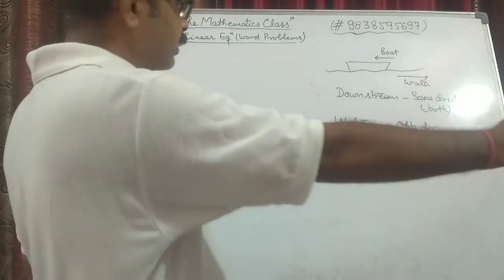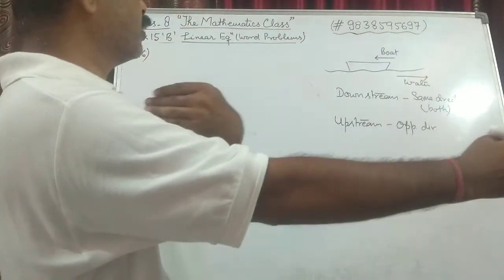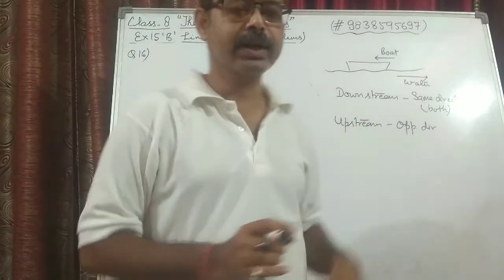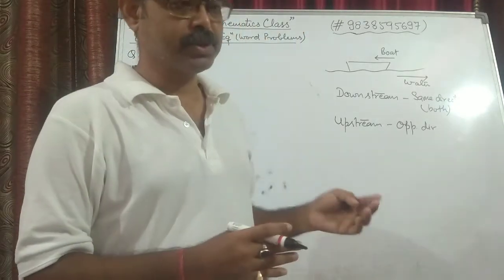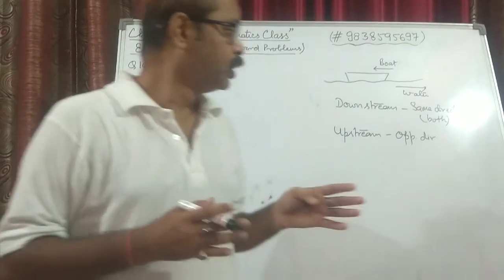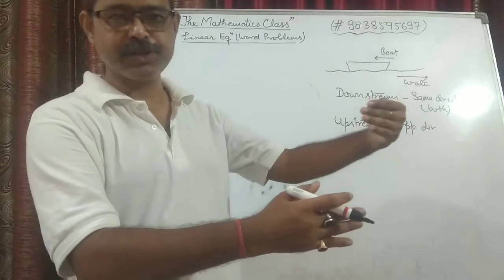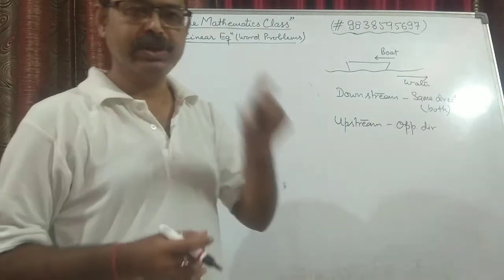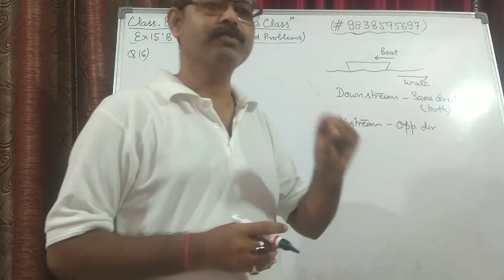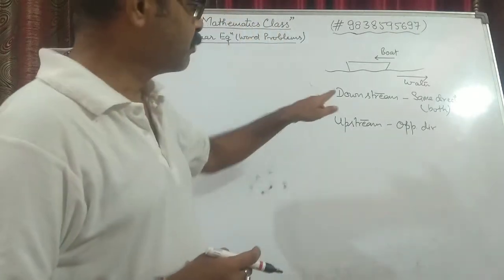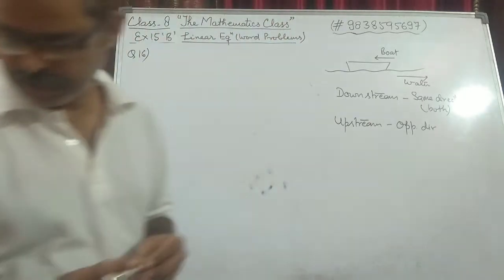So this is a different condition. In this, the water tries to push the boat towards itself, but the boat has to move against the direction of the water. So in this case, the speed of the boat is comparatively less as compared to downstream.